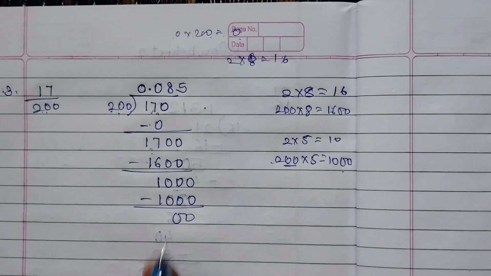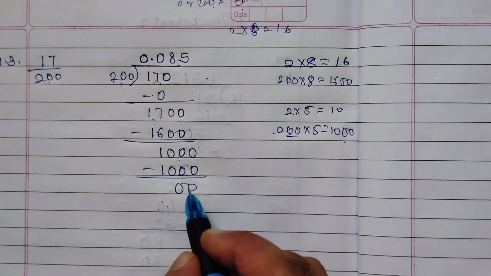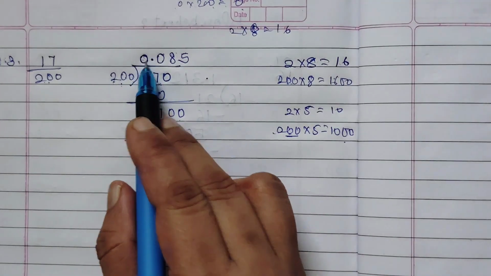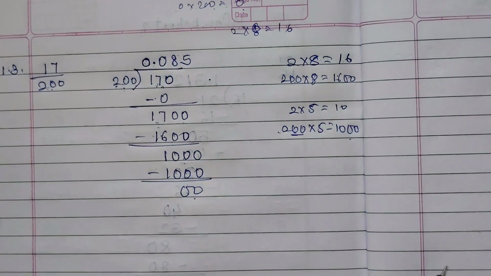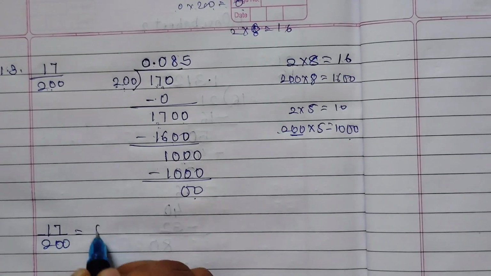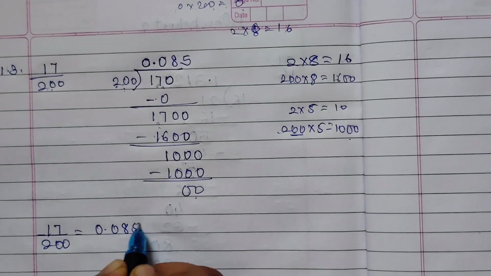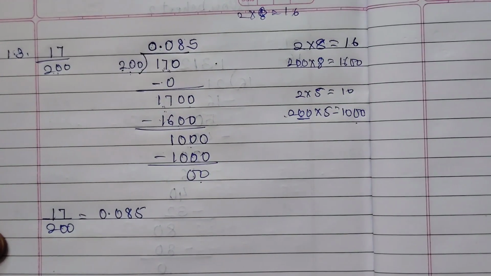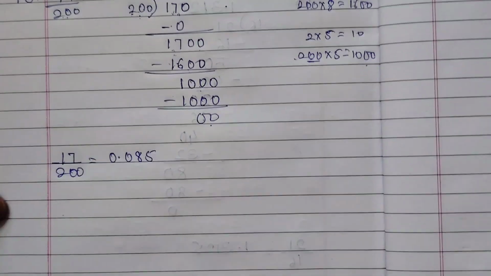Minus, we do, we get 0. So it terminates over here. So what is the answer? 0.085. So 17 upon 200 is equal to 0.085. This is also a terminating decimal. Okay, next question.